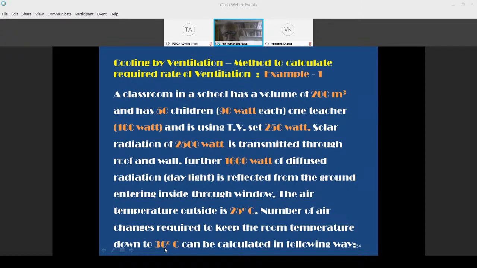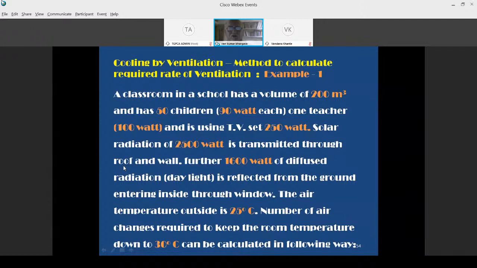It is a simple formula: room volume multiplied by air changes per hour. Now, all of us know that ventilation is also calculated in terms of air changes.